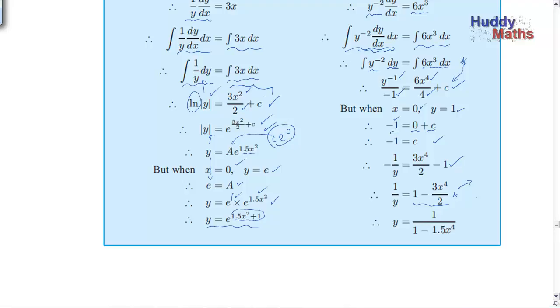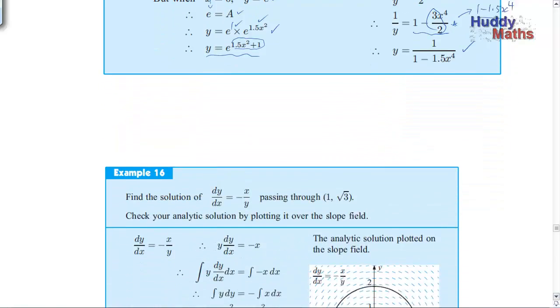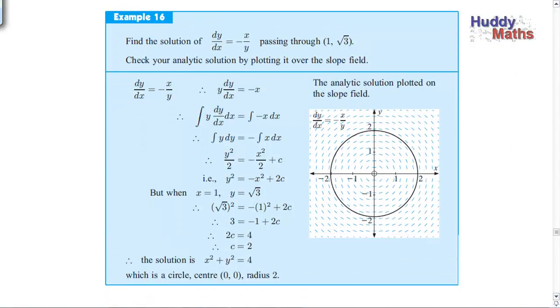They've left out some steps here, so this would be 1 take 1.5x to the 4th, just doing that division, and therefore inverting both sides, y is 1 on 1 take 1.5x to the 4th. A particular solution, because we were given those conditions and we could substitute it in and make that a particular or unique solution. Okay, getting the hang of it. Don't get phased by the expressions. They all work out quite nicely.